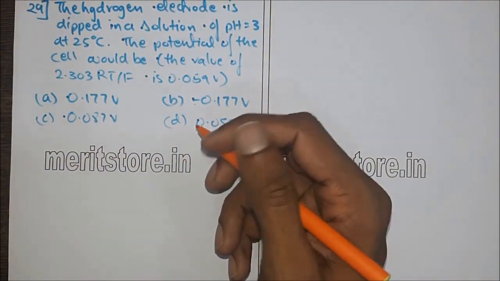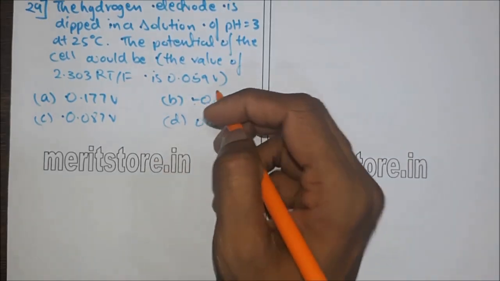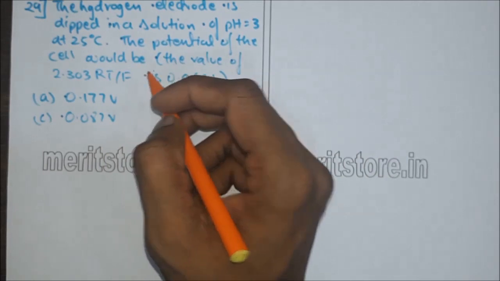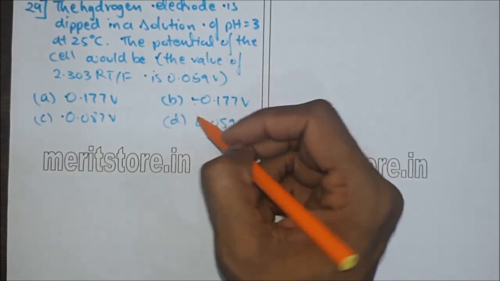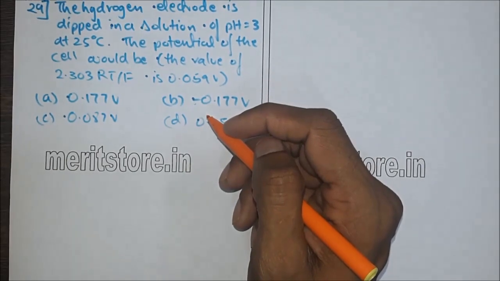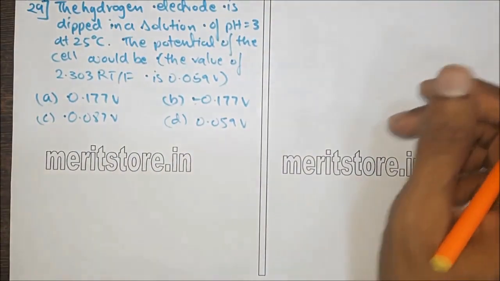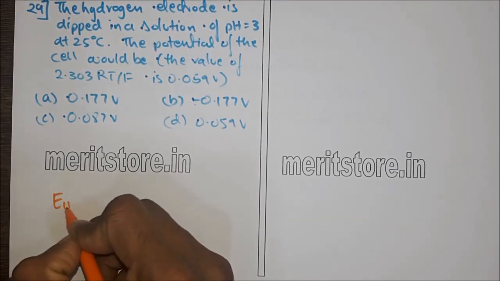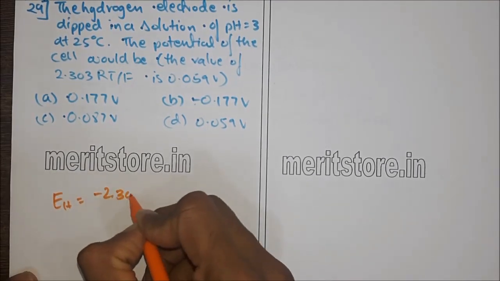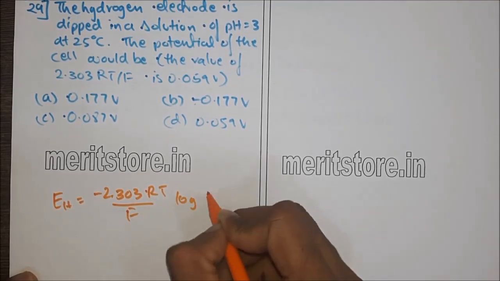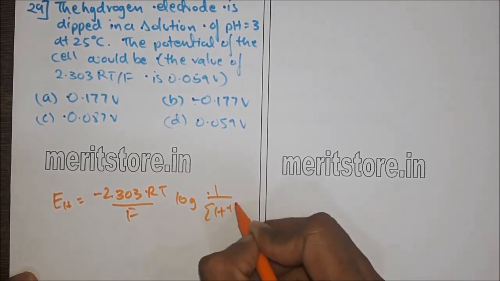Question 29. The hydrogen electrode is dipped in a solution of pH equal to 3 at 25 degrees Celsius. The potential of the cell would be, we give four options. Reduction potential of the hydrogen electrode can be given as EH is equal to minus 2.303 RT upon F log of 1 upon H plus.